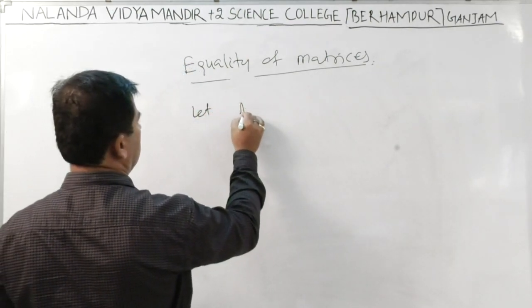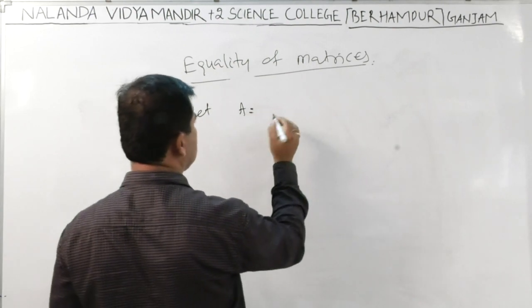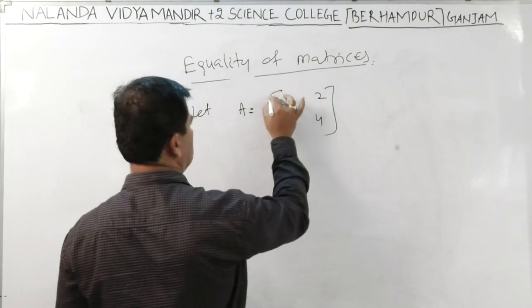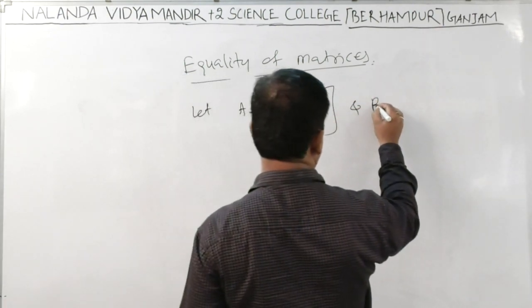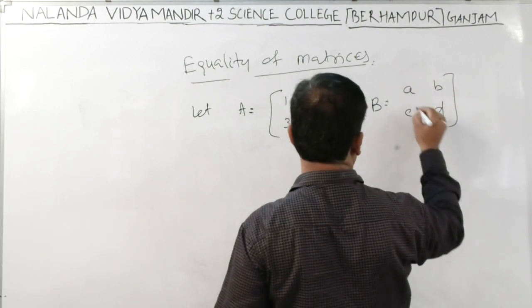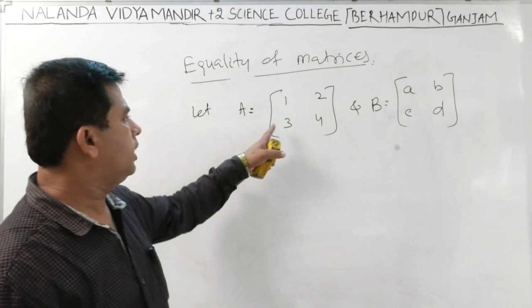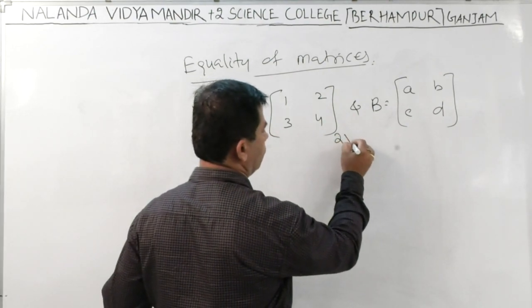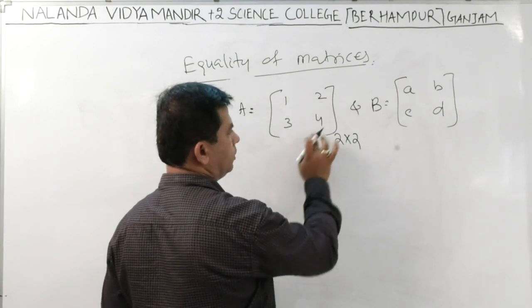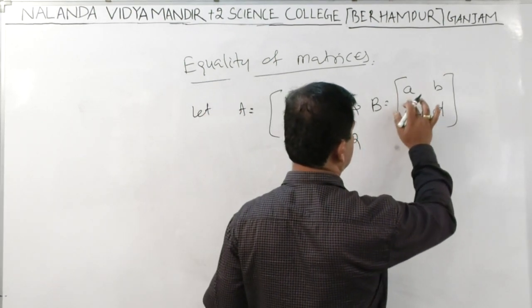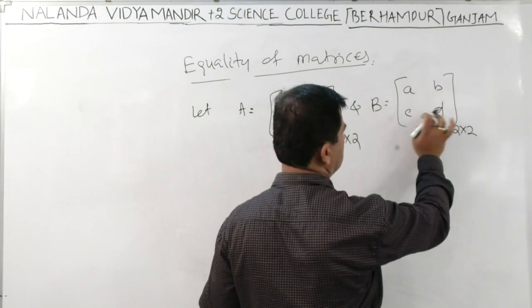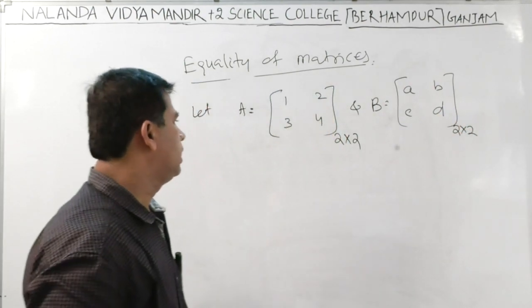Let A = [1, 2; 3, 4] and B = [a, b; c, d]. A is a matrix of order 2 cross 2, with first row 1, 2 and second row 3, 4. Similarly matrix B is also of order 2 cross 2, and the first row contains a, b and the second row c and d.